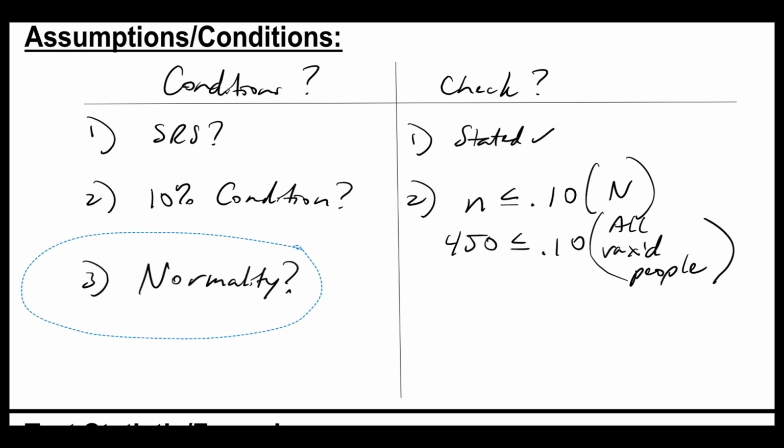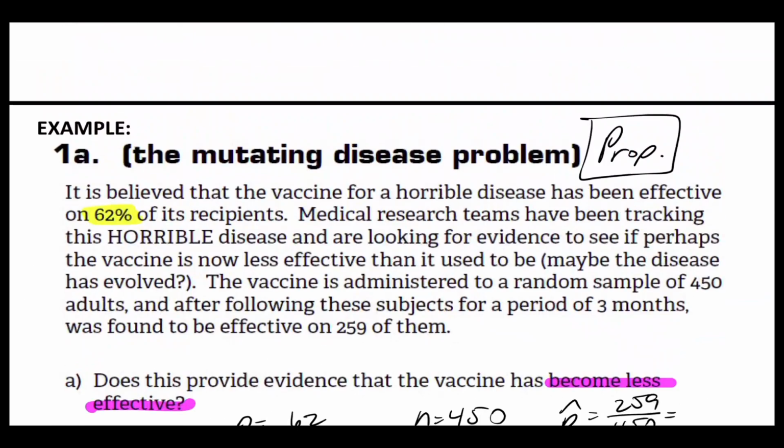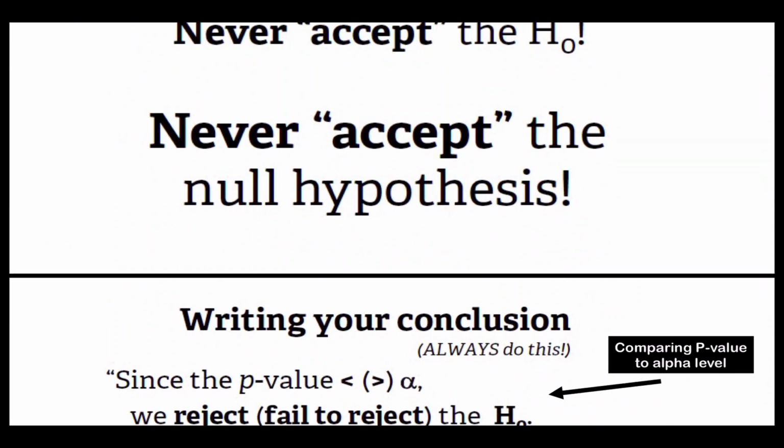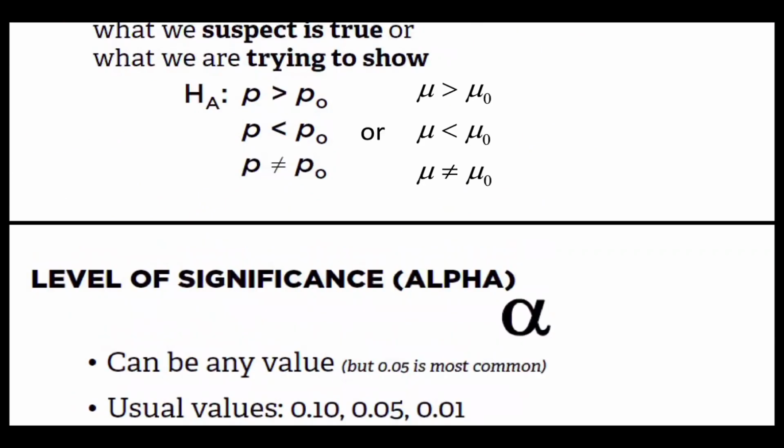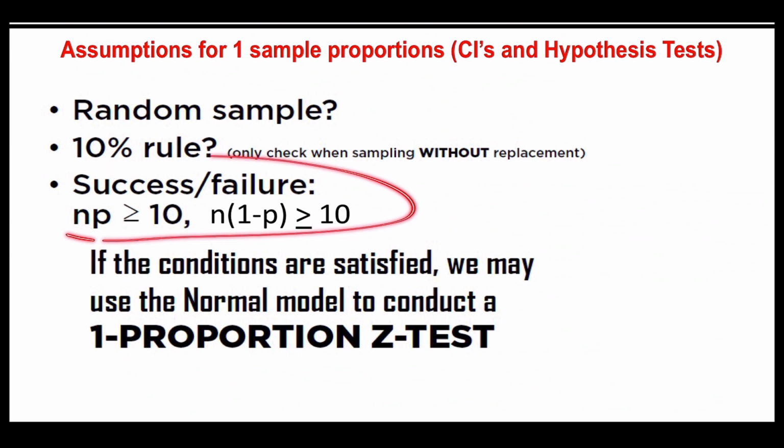And the last one is normality. Remember, we don't use the central limit theorem for this one here. Oh, you're right. We have different criteria, right? A couple slides above, a couple pages earlier, right there. This guy right here. N times P greater than or equal to 10, N times 1 minus P greater than or equal to 10.